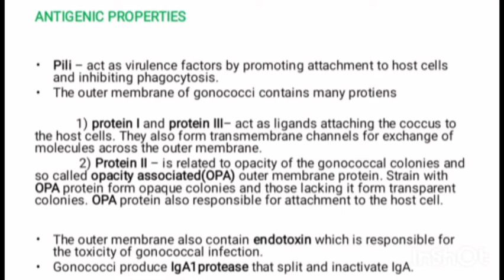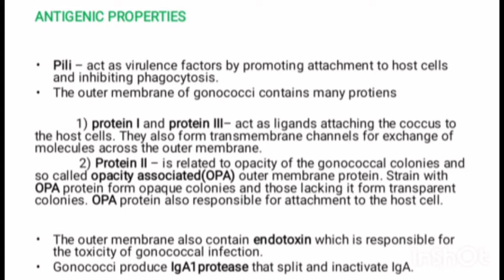Then another antigenic structure is endotoxin, present in the cell wall of the gonococci, which is responsible for the toxicity of gonococcal infection. It is lipo-oligosaccharide in nature, mainly present in the cell wall, and also acts as a virulence factor by forming a toxic effect during gonococcal infection.